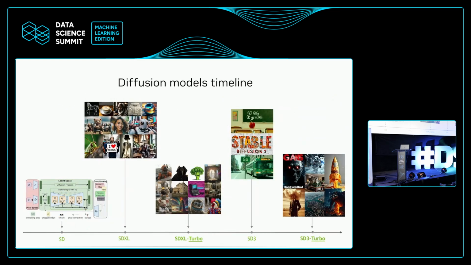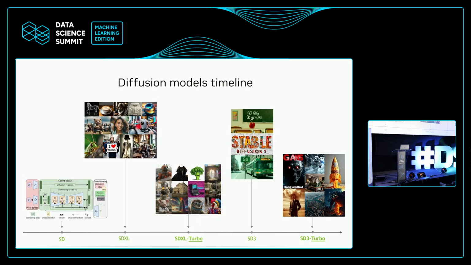And right now, there is a timeline of a few diffusion models that were created by Stability AI. There is Stable Diffusion, Stable Diffusion XL, and Stable Diffusion 3. These three models have been trained from scratch. And there are two additional models called SDXL Turbo and SD3 Turbo.